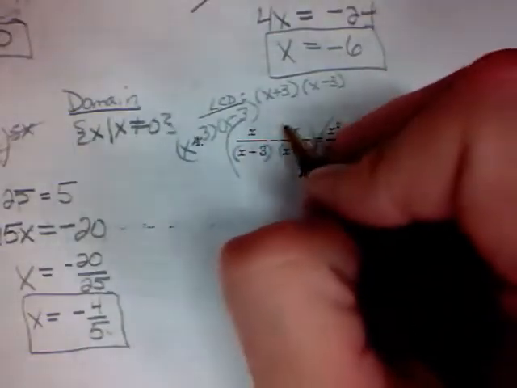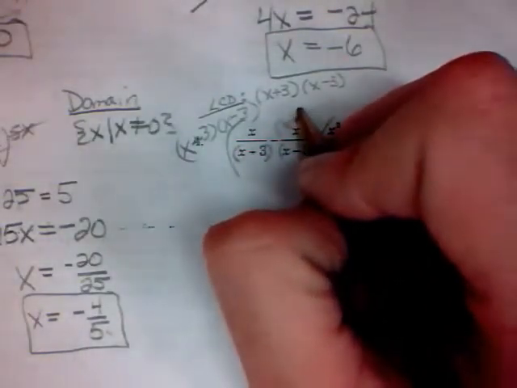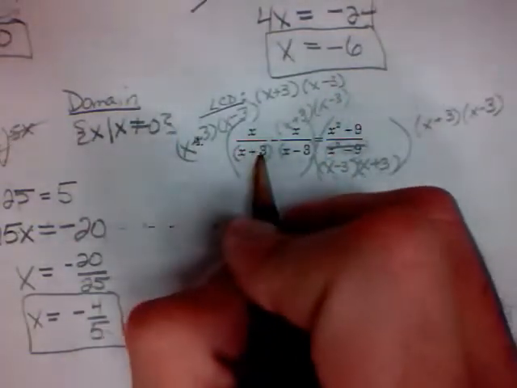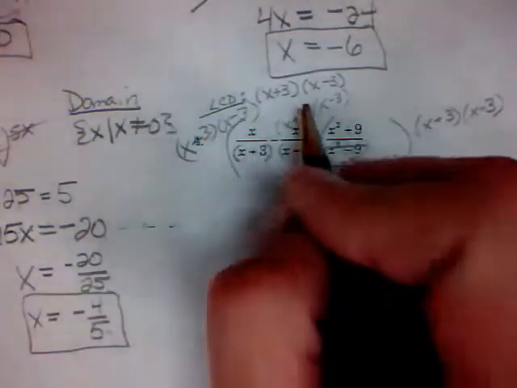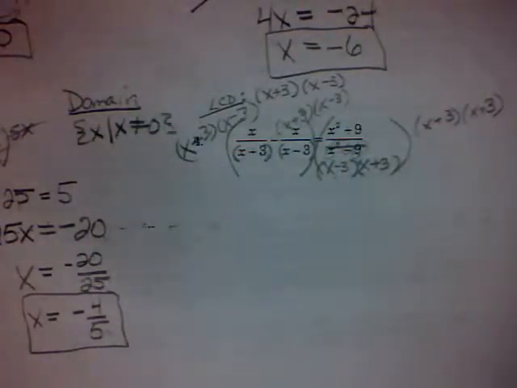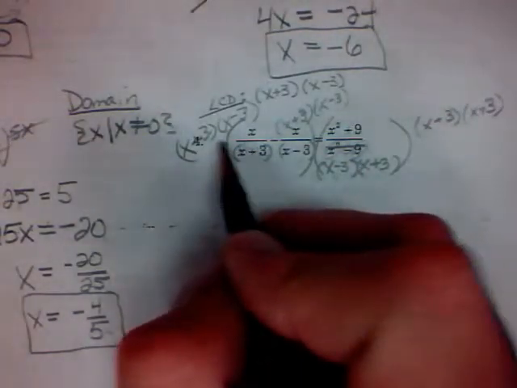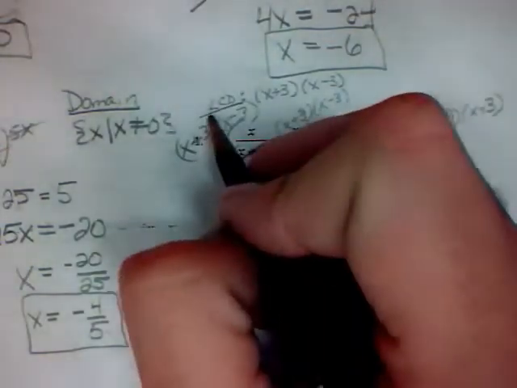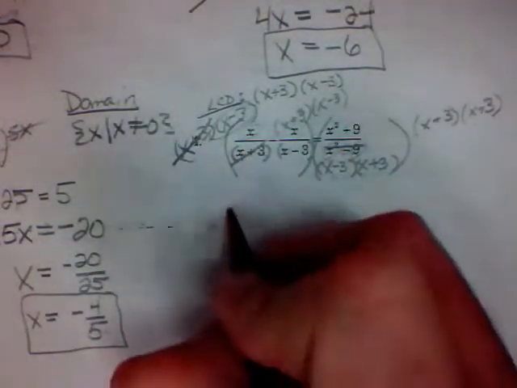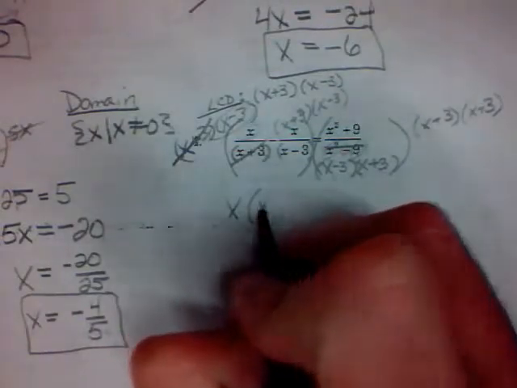And it might not hurt if you wrote it twice over here, once next to each of these fractions. Because this fraction is going to get multiplied by that, this fraction is going to get multiplied by that, and this fraction is going to get multiplied by that. Okay? So when we multiply this fraction, this x plus 3 cancels with that x plus 3, which leaves you with an x plus 3 times an x. So that's x times x minus 3.